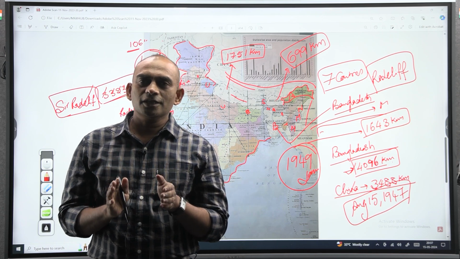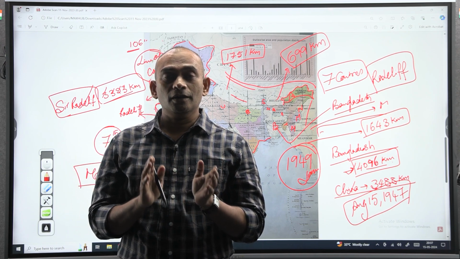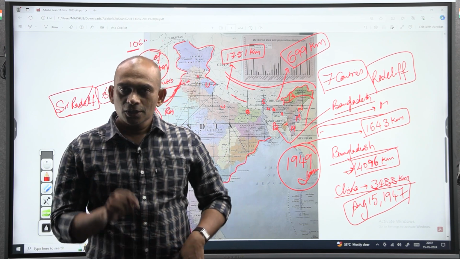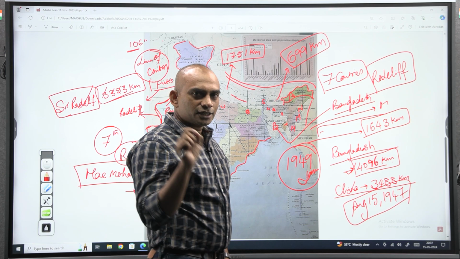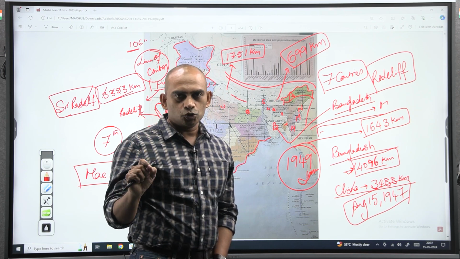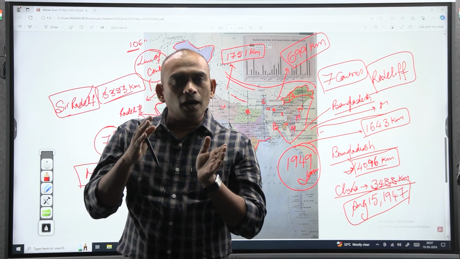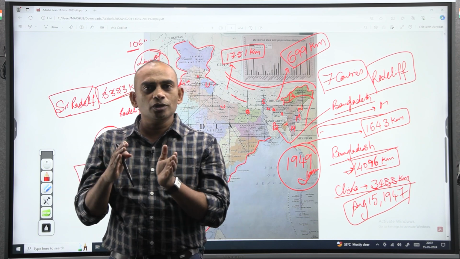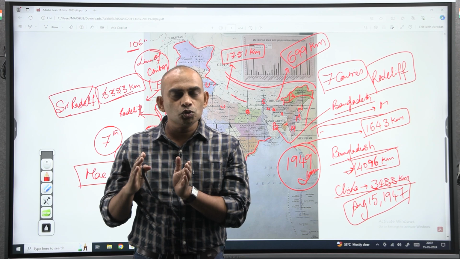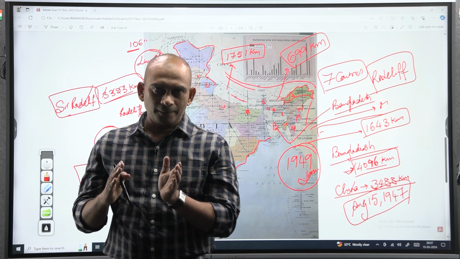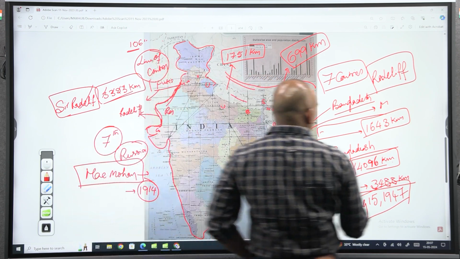So what is the difference between the Line of Control and the Line of Actual Control? In the Line of Actual Control, there is a buffer zone, and both countries exercise control over land.